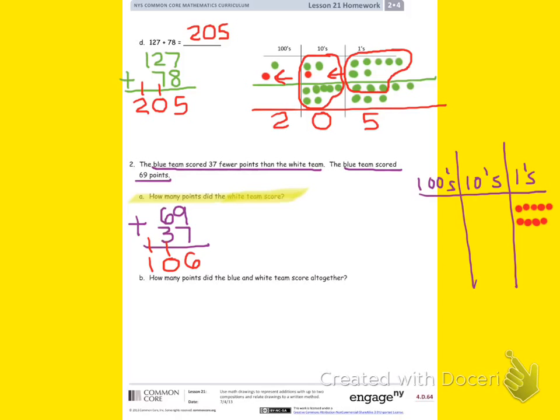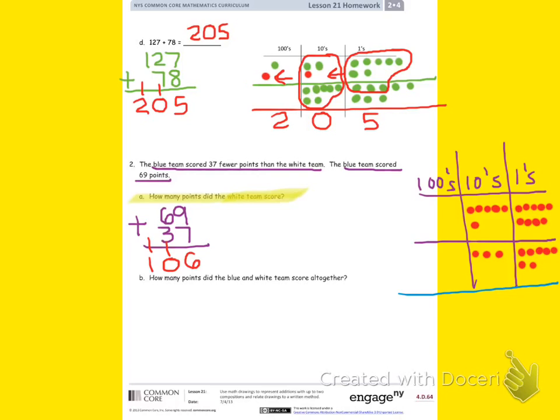And it has 6 tens. 1, 2, 3, 4, 5, 6. Here's the line to divide up or separate my addends. 37 has 7 ones. 1, 2, 3, 4, 5, 6, 7, and 3 tens. 1, 2, 3. Here's my equals line.